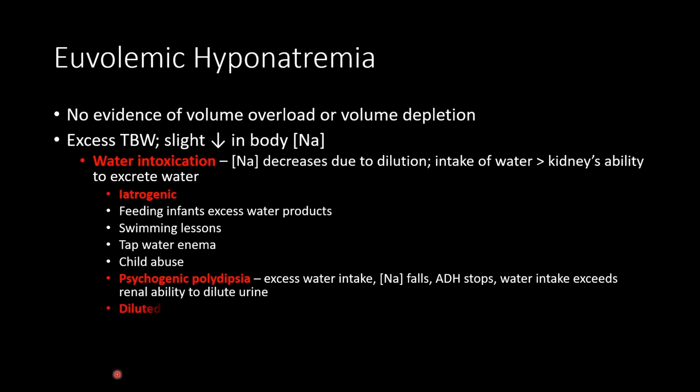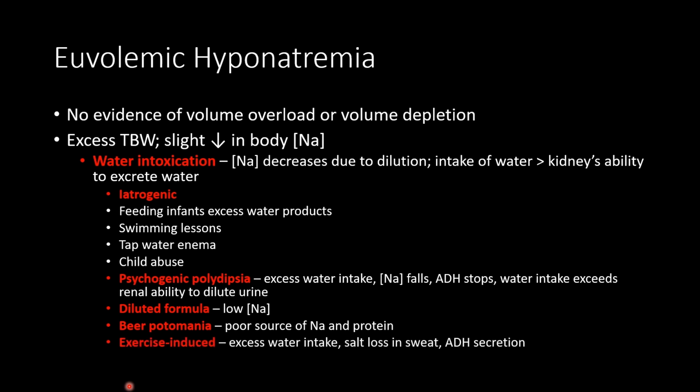And diluted formula, if you dilute the formula, suppose the formula is to be diluted 30 ml with one scoop of formula, but if you prepare it with one scoop in 100 ml, so that excess amount of water dilutes the sodium. And beer potomania, in some cultures, children are fed with a lot of beer, and the beer is a poor source of sodium and protein, so that will cause hyponatremia.